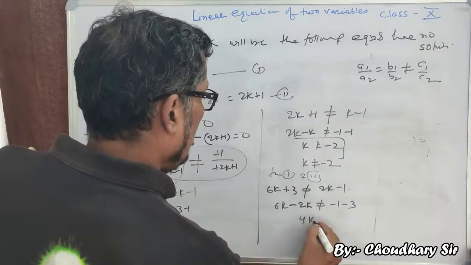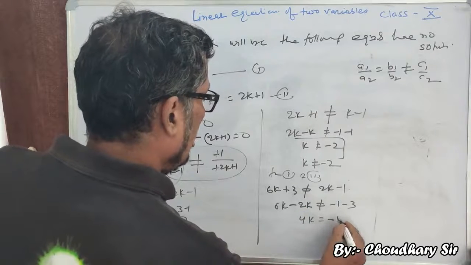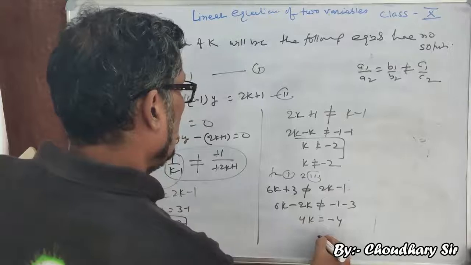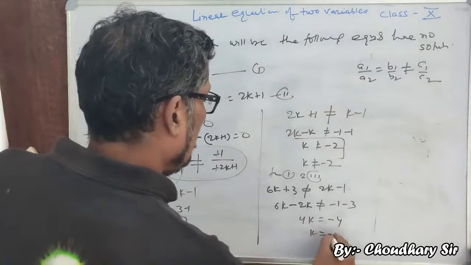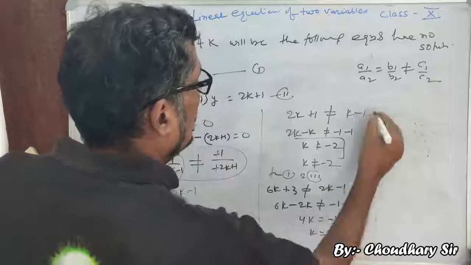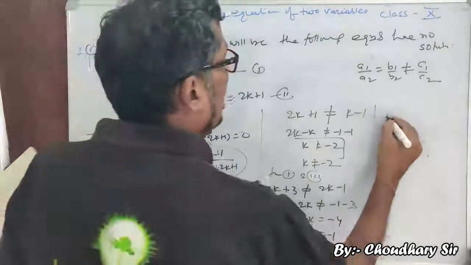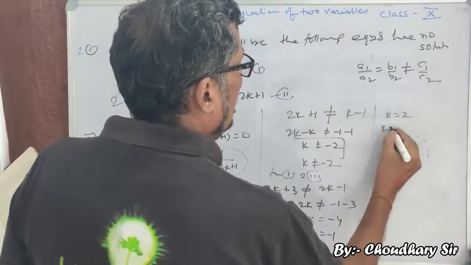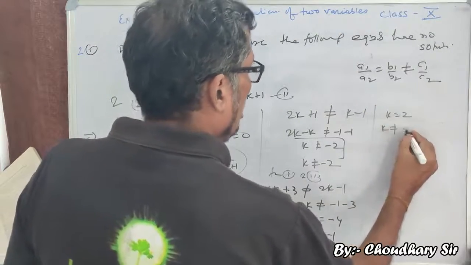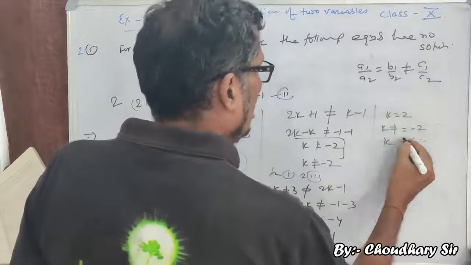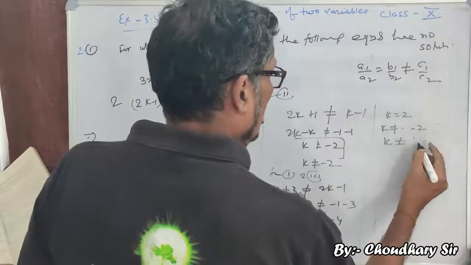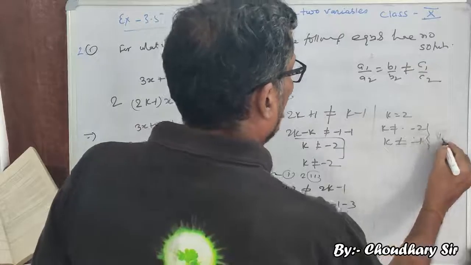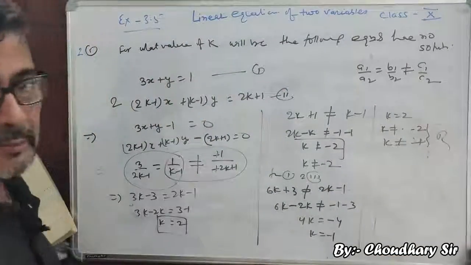So 4k not equal to minus 4, so k not equal to minus 1. So what is the answer? k is equal to 2, k not equal to minus 2, and k not equal to minus 1. Okay? This way we find the value of k.